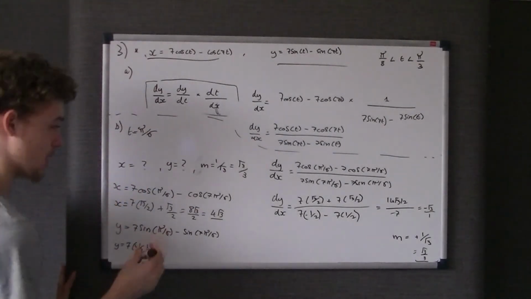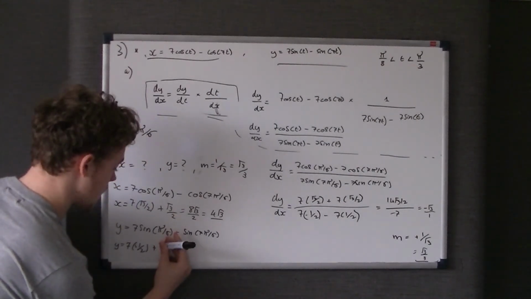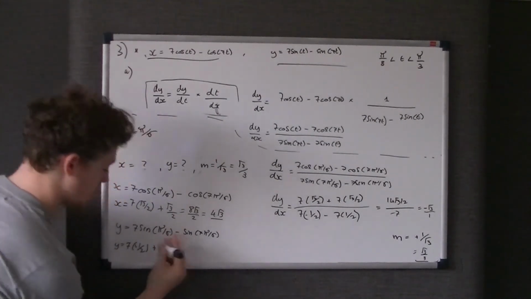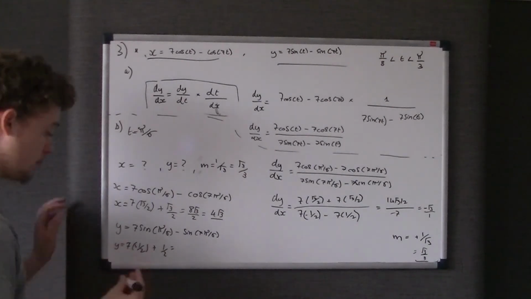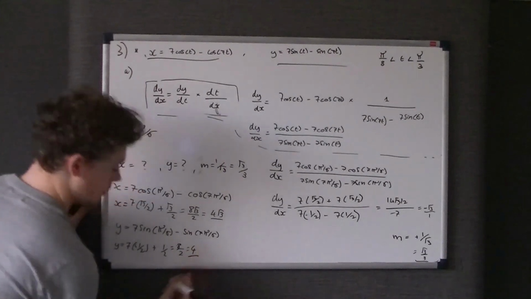But sine of 7 pi on 6 is negative half, so it's a double negative again, so you add a half. So it's 7 times a half plus a half, so that's 8 over 2 or 4 to simplify.